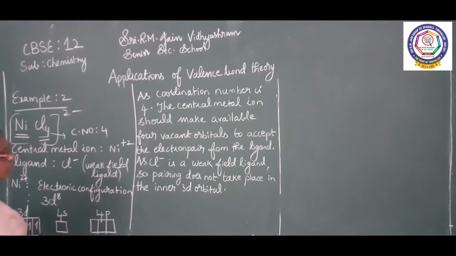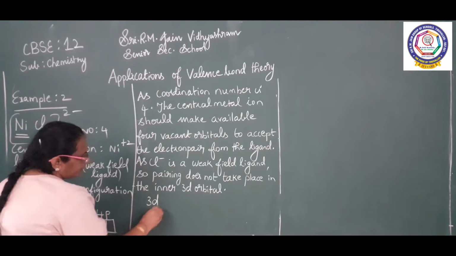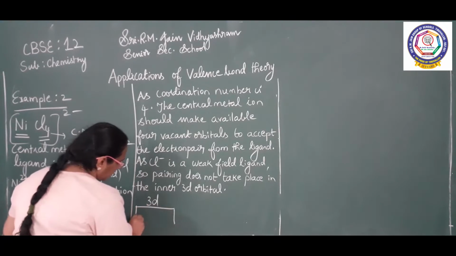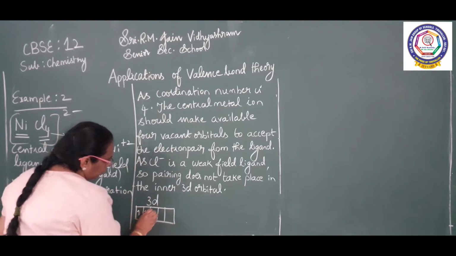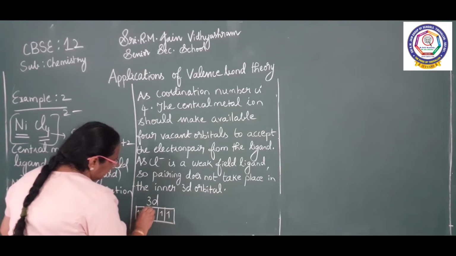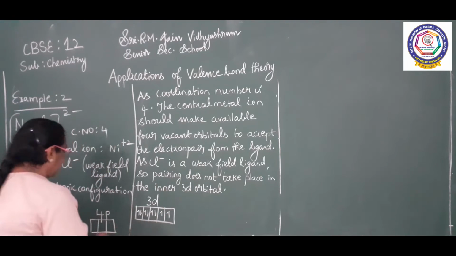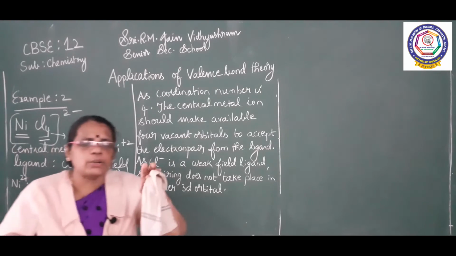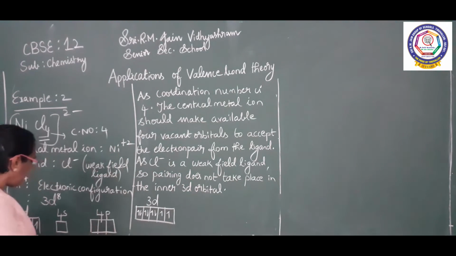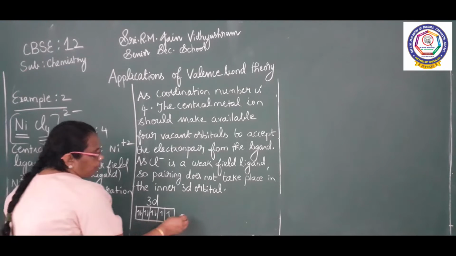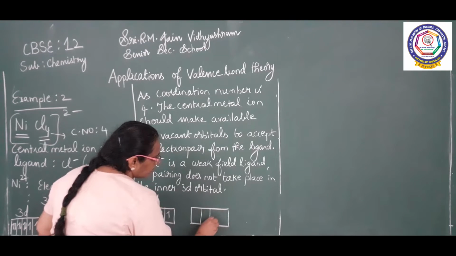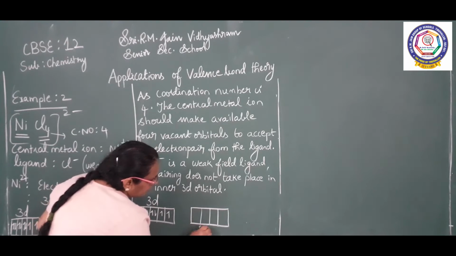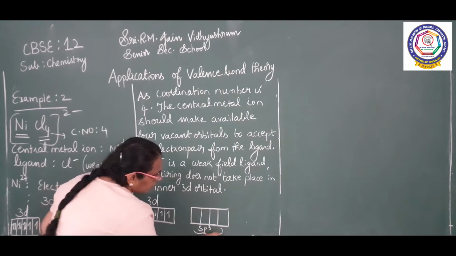So what will be the configuration? 3d8, 1, 2, 3, 4, 5, 6, 7, 8. And how many empty orbitals do I need? I need a total of 4 empty orbitals. One orbital I can take from 4s and 3 orbitals from 4p. So my empty orbitals will be like this: sp3.